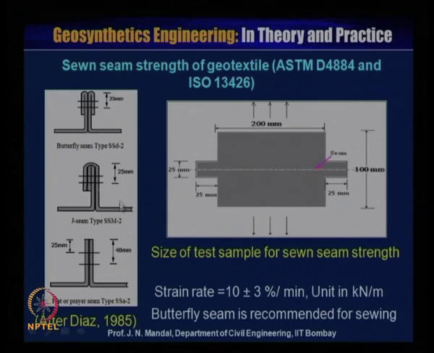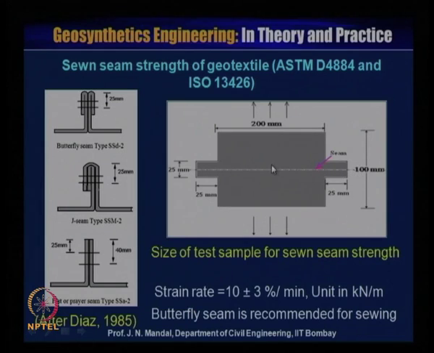So this is the size of the sample. This is 200 millimeter and this is 100 millimeter. It is like a wide width tensile strength sample, but in the case of the seam sample it has to be projected by 25 millimeter by 25 millimeter, and this middle portion is the seam.